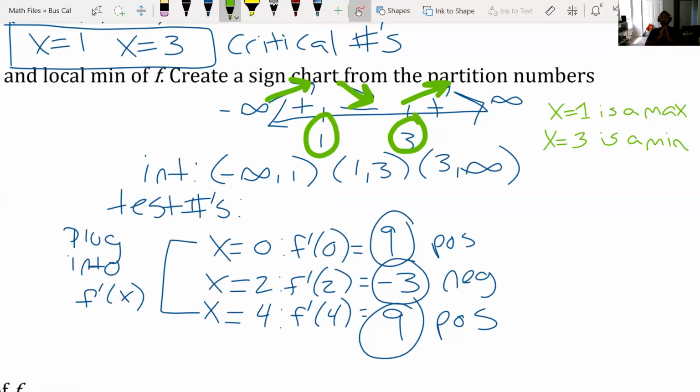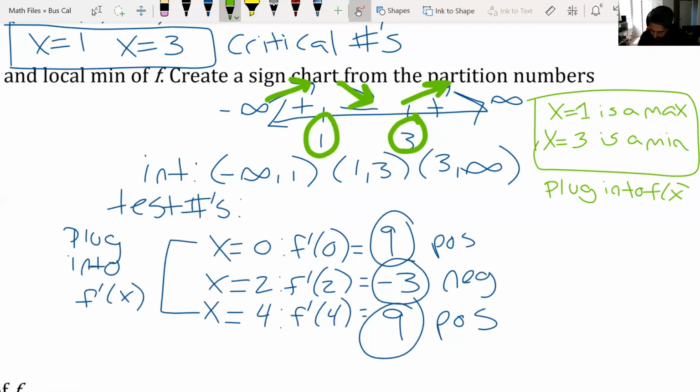Not done. We want to find the exact point of these max and mins. So take these values and plug into f of x, because these are x values, and now we want y values.